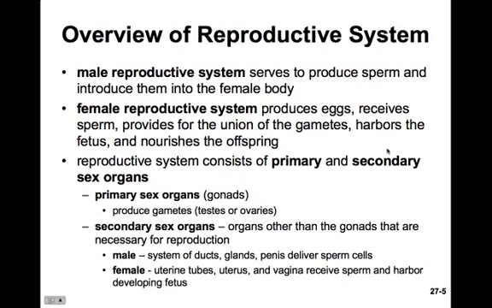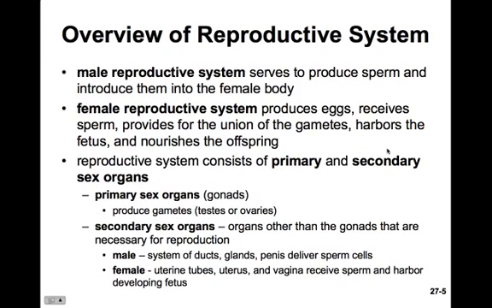And the female reproductive system is all about producing eggs, receiving sperm, providing a space for the union of the gametes, and then a space for development of the fetus and the equipment to nourish the offspring during its growth.